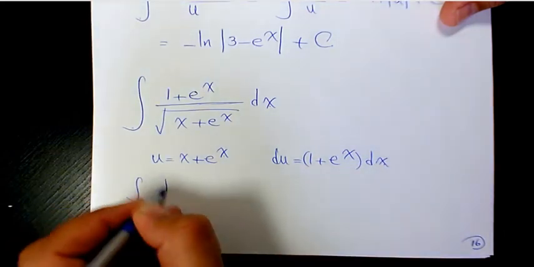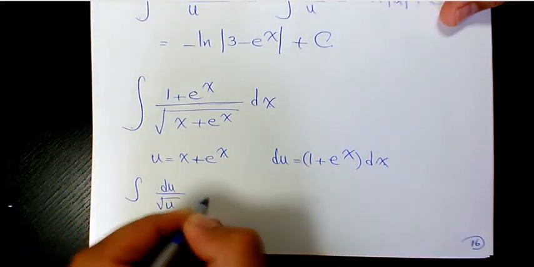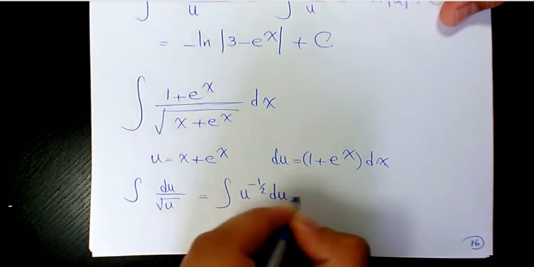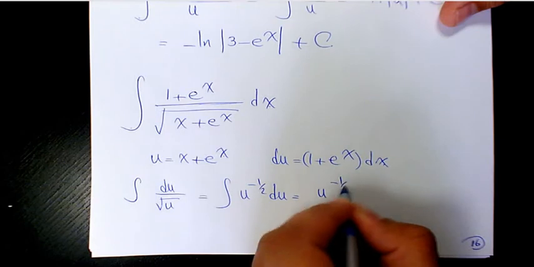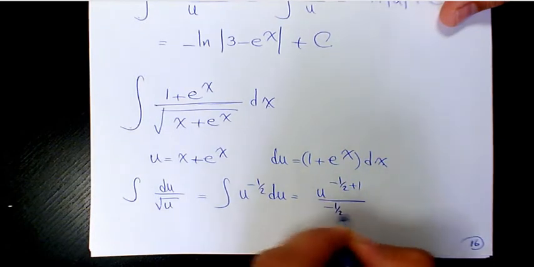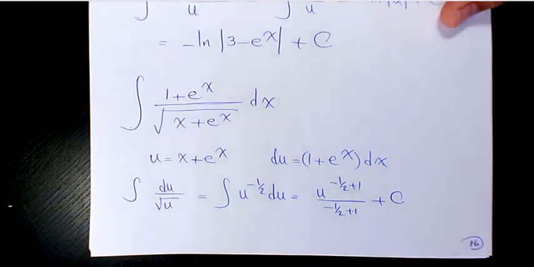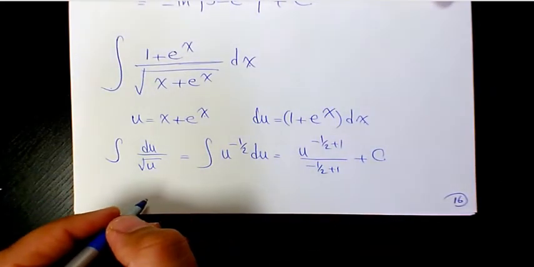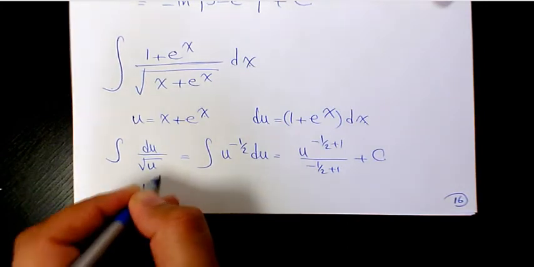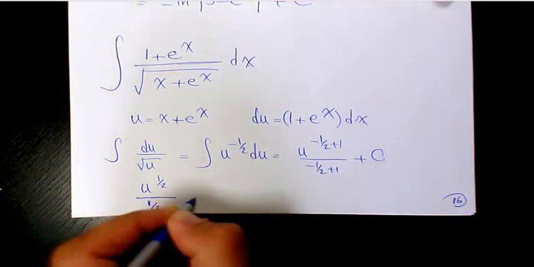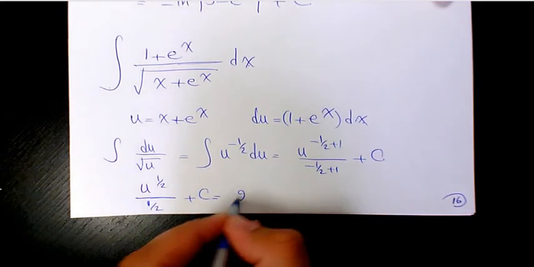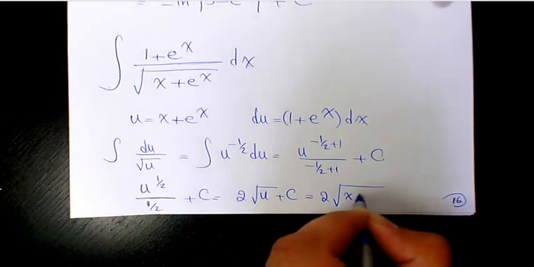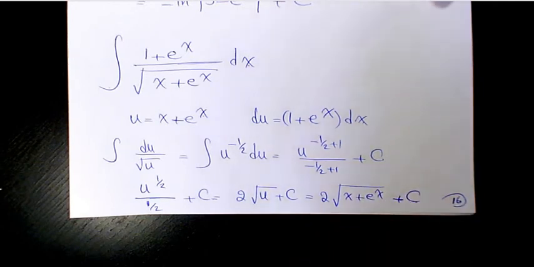So that's going to be du over square root of u, which is u to the power of negative 1/2 du. That's going to be u to the power of negative 1/2 plus 1 over negative 1/2 plus 1 plus c. So that's going to be u to the power 1 over 2 plus c, which is 2 square root of u plus c, 2 square root of x plus e to the power of x plus c.